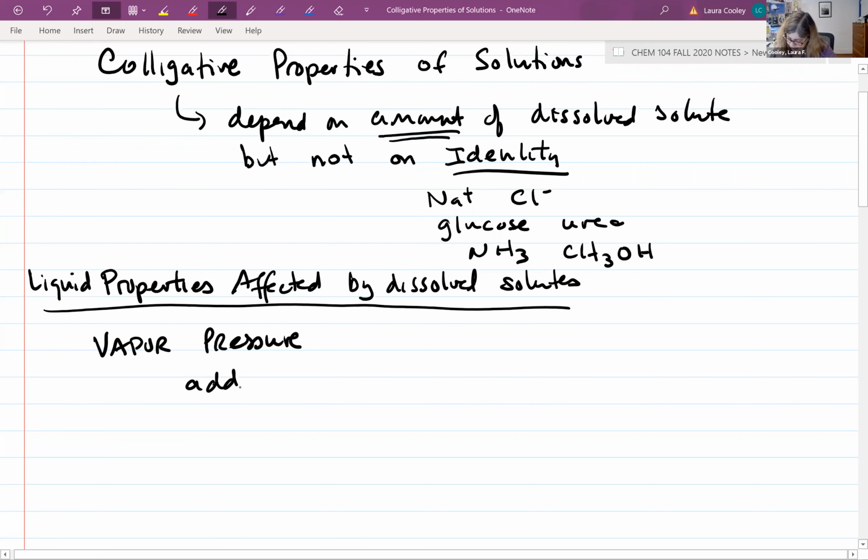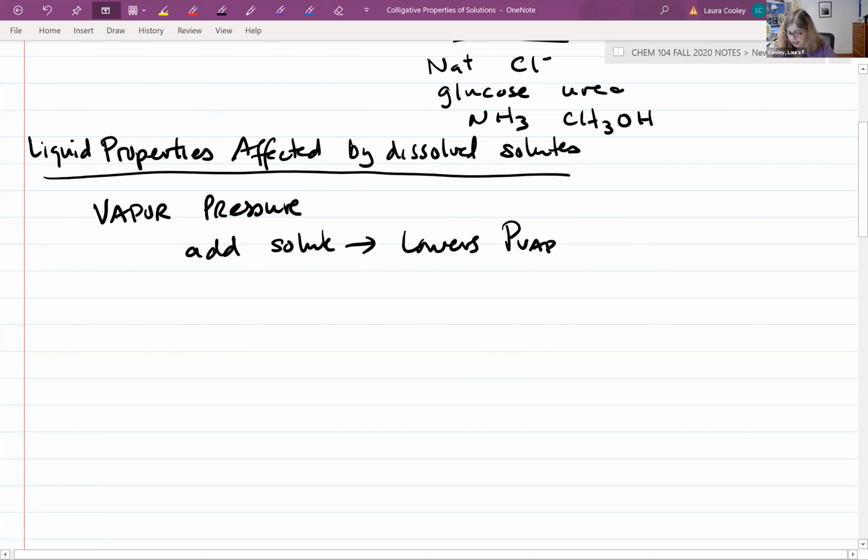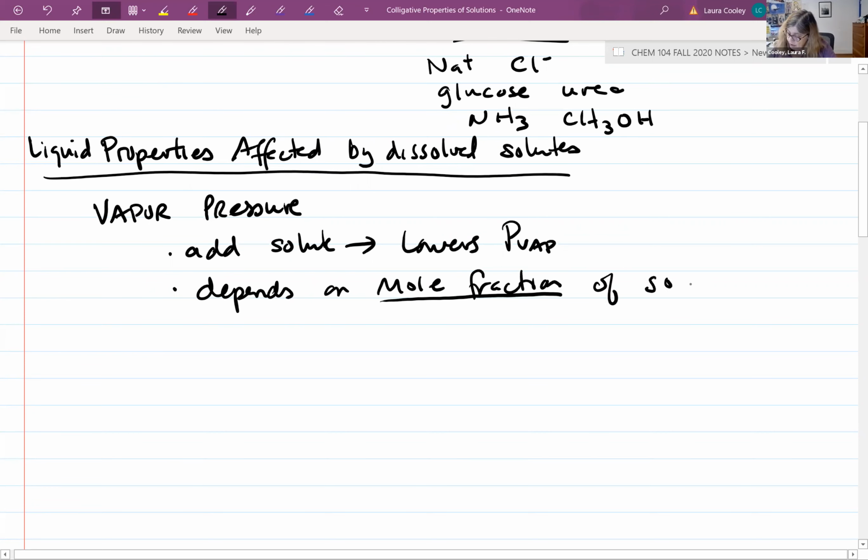If you add a solute, it lowers the vapor pressure above the liquid. I'll talk about that in class in more detail, but what I want to say now is it depends on the mole fraction of solute. So we need to be able to calculate mole fraction comfortably.